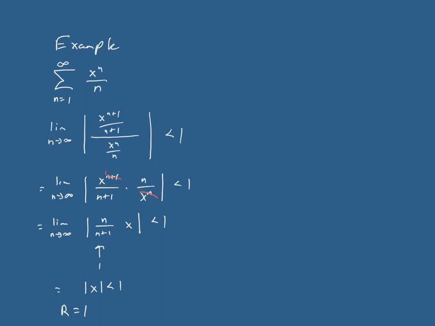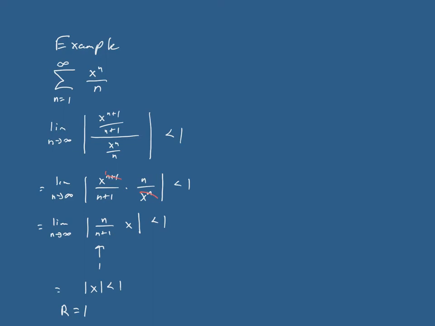So the end result is that this whole expression is going to become the limit as n approaches infinity of the absolute value of n over n plus 1 times x, and that's less than 1. As n goes to infinity, this is going to be infinity over infinity. Again, you either recognize it with horizontal asymptote or L'Hopital's rule. The end result is this limit here, as n goes to infinity, is going to be 1.